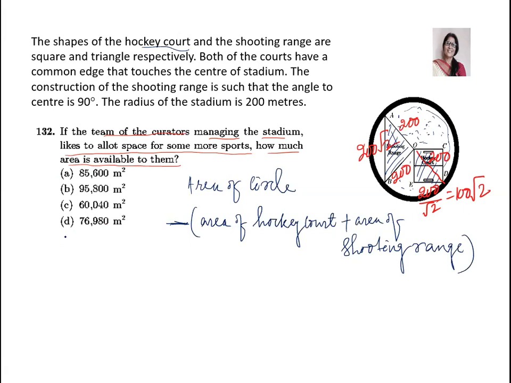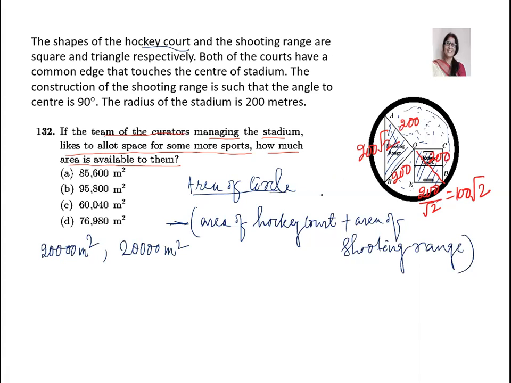So the area of the hockey court we have already counted, 20,000 meters square, and the area of the shooting range is also 20,000 meters square. Now the area of the circle will be this stadium.